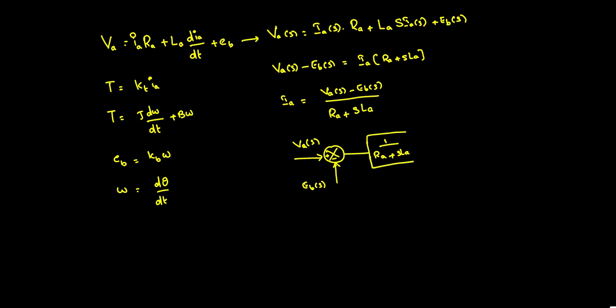See how clear it is. So IA of s is equal to this particular block multiplied by VA of s minus EB of s. This is one particular block for IA of s.